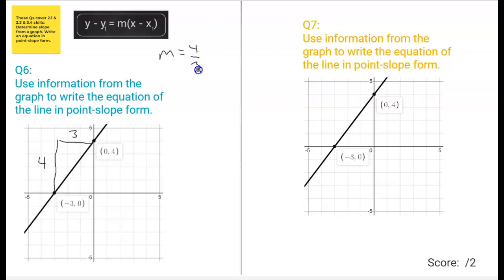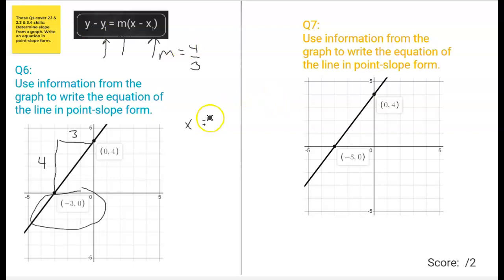And then I know my slope value right there. I now need to know what do I plug in here for x, and what am I going to plug in here for y. And since I chose this point, I'm just going to have my x be 0. Oh, sorry. My x is going to be -3.